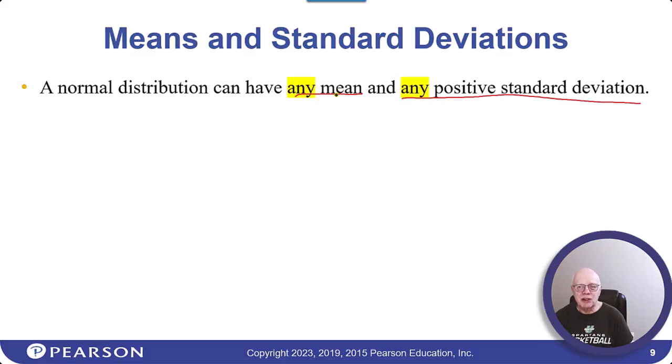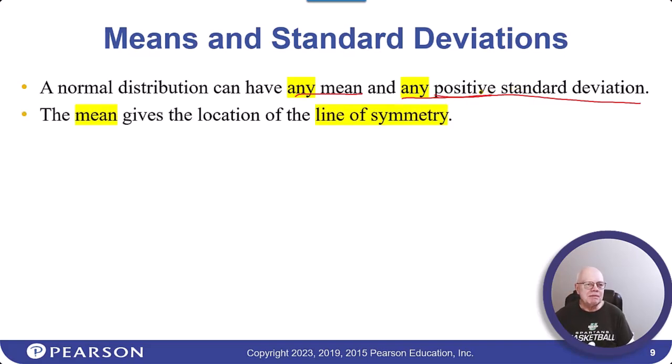But the standard deviation will always be a positive number. The mean, the first one, will tell you the location of the line of symmetry. In other words, I'm going to give you some chicken scratching here. You might have this normal distribution. The mean, remember, is right in the center.